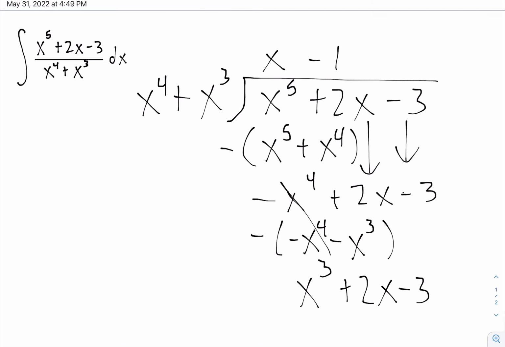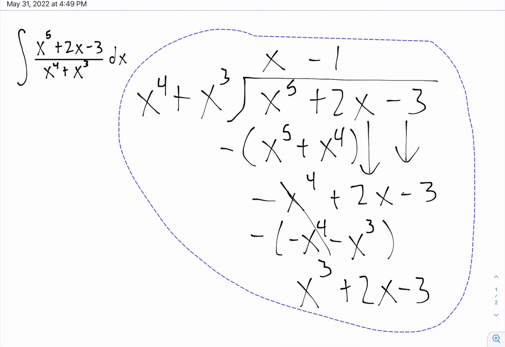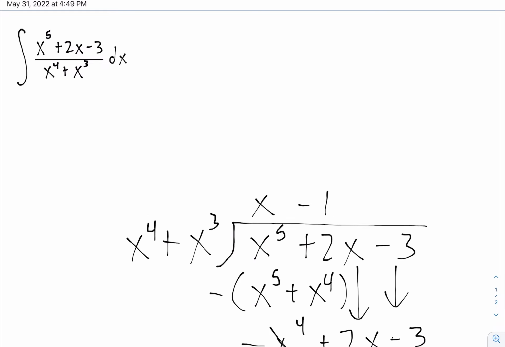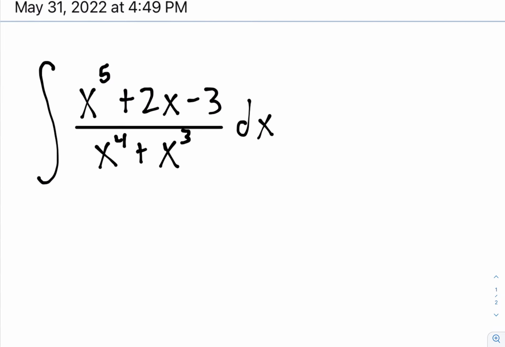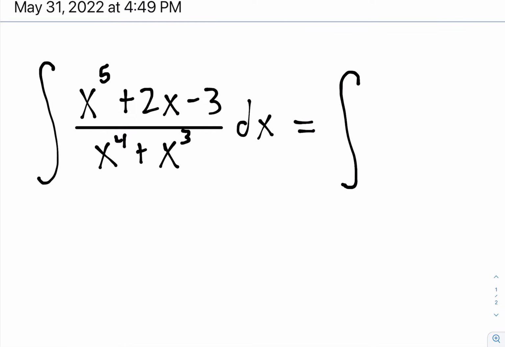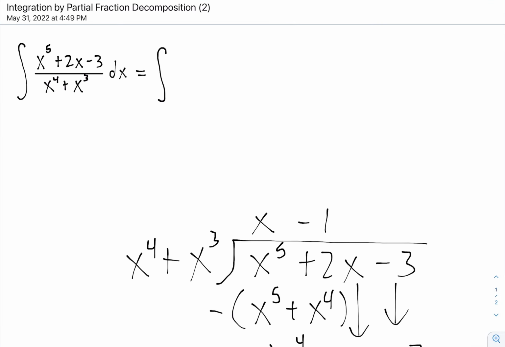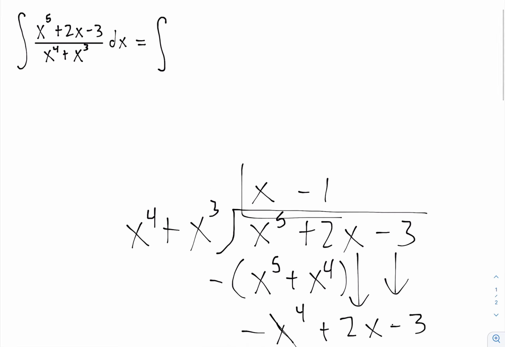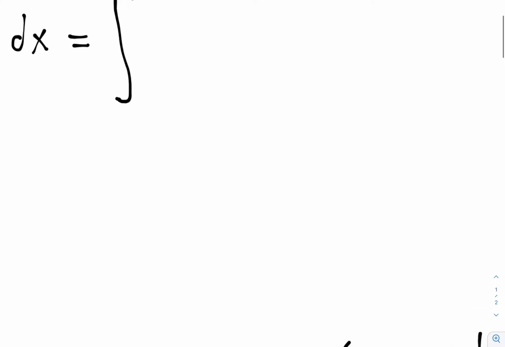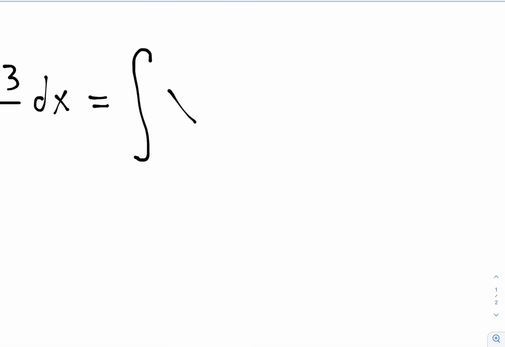So I'm just going to take this and shift it down so I can show you what I mean. Okay, I'm going to shift everything down here. An equivalent way to write this integral is the integral of the quotient. So when we actually take these numbers and divide them, what we get in full is x minus 1. So I'm just going to write that.